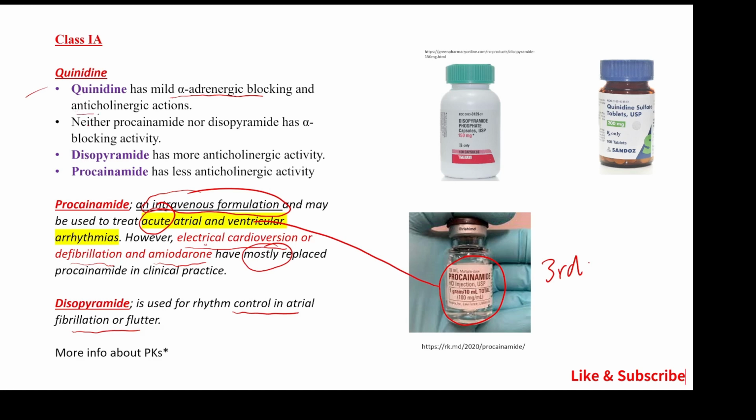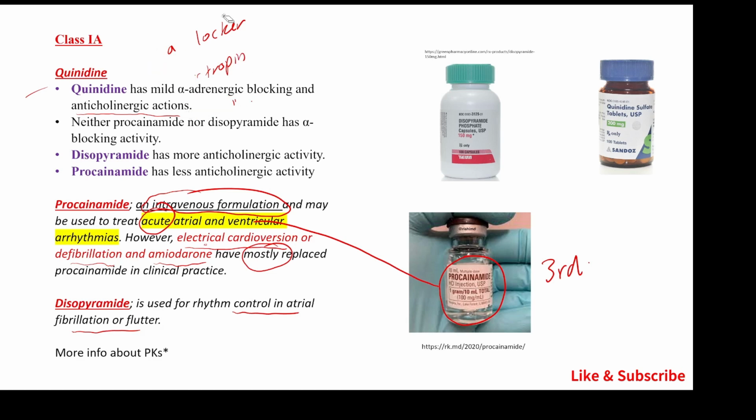Quinidine has anticholinergic action, so quinidine has some atropine-like action. So three actions are associated with quinidine: alpha adrenergic blocker, anticholinergic, and sodium channel blocker.